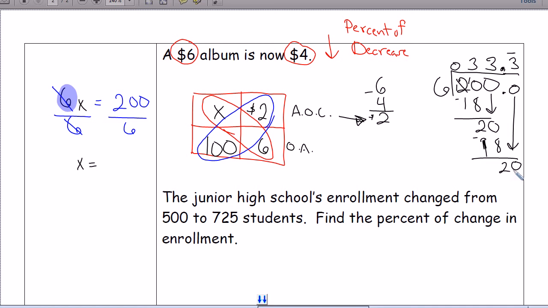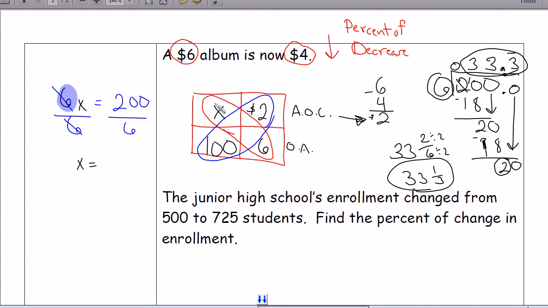Or you could have left it as a fraction and you could have said 33 and 2/6, but then you would have to reduce 2/6. That can be reduced by 2 and you end up with 33 and 1/3. So this number is the same thing as this number. And they're both percentages because that's what goes up here on top of the 100.